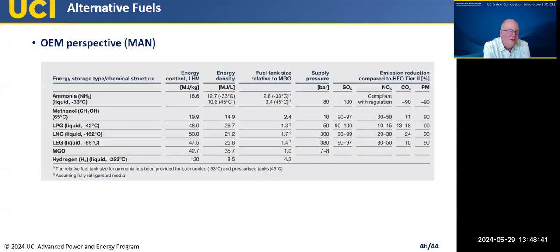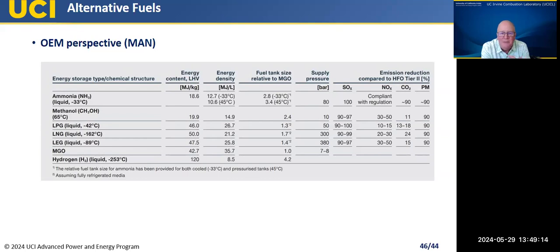This is just another same type of story. I took this from MAN, their perspective on it, and the middle column shows the fuel tank size relative to marine gas oil, but kind of similar for diesel fuel. You can see that these various fuels, whether it's ammonia, methanol, LPG, LNG, you've got to have more volume to carry the same amount of energy around.